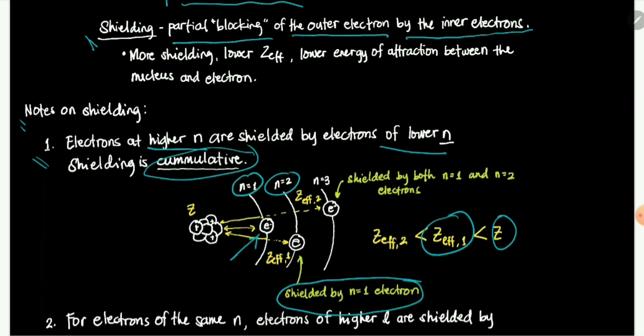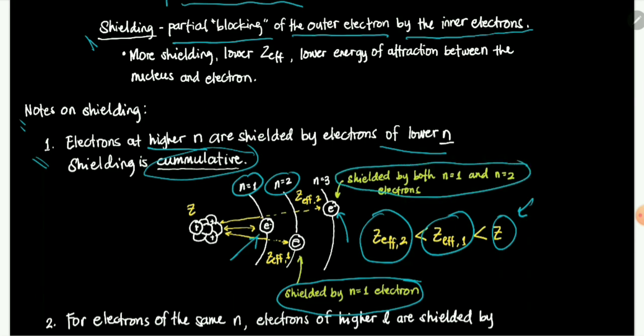Yung electron na nandito sa N equals 1. Okay? So kapag nandito ka naman sa N equals 3, ang na-experience mo naman ay ibang Z effective. That's the Z effective 2. So that's less than the Z effective 1, which is also less than the Z, which is the full nuclear charge. Okay? Kasi nasi-shield naman siya both by N equals 1 and N equals 2 electrons. Okay? So nagpapatong yung shielding, cumulative siya.